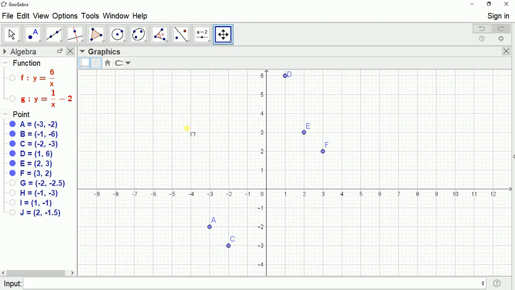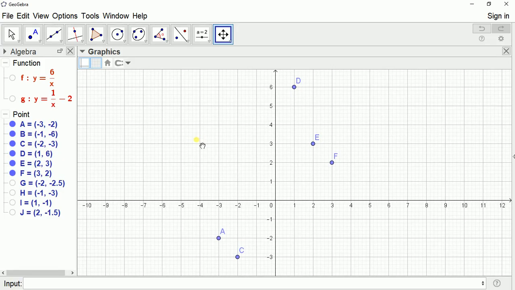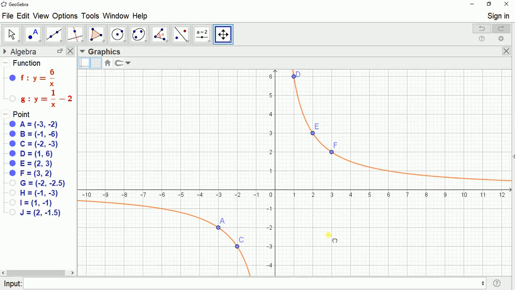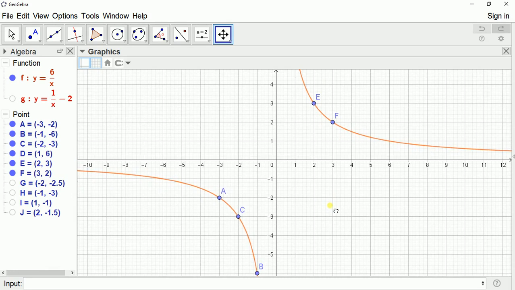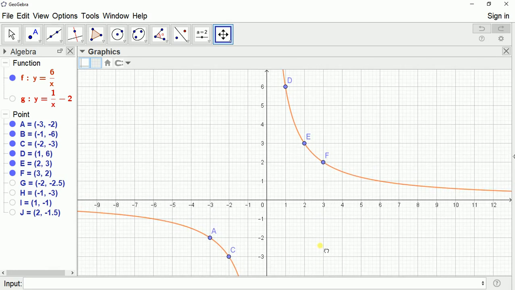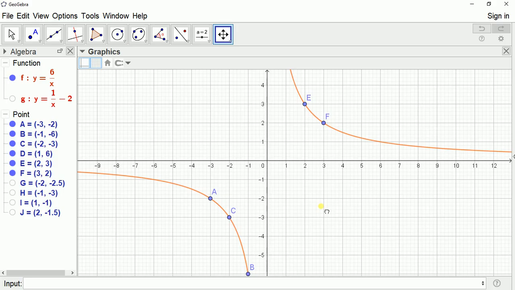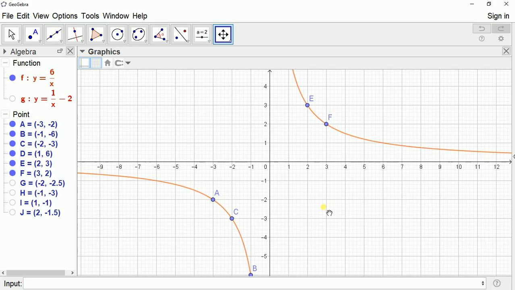We're now going to join them freehand, and remember, we must not cross the x-axis or the y-axis, the asymptotes. When we draw that, this is what my graph will look like with all the different points, A, B, C, D, E, F, all the points on the graph. This is what my graph must look like.